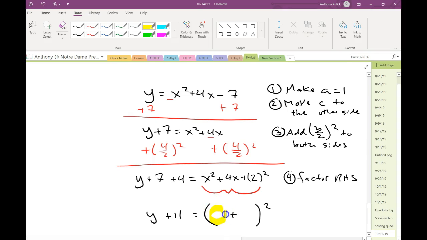So the first thing here is going to come from the first squared part. So that's just going to be an x. The second thing is going to come from the second squared part. That's going to be the 2. Okay there?